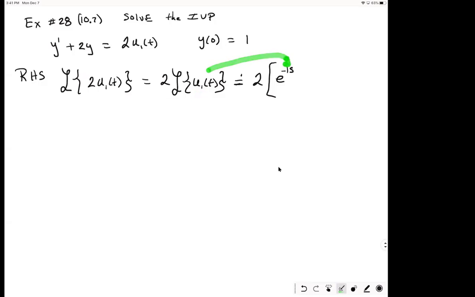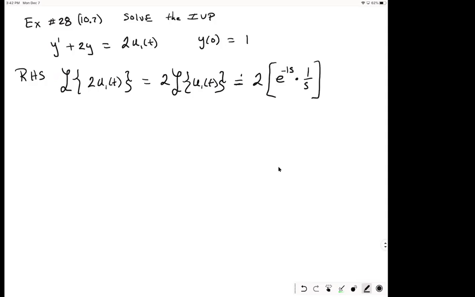It gets me to that minus s. And it's not written here, but it's implied that my f of t is equal to 1. So I need to multiply this by 1 over s, because the Laplace transform of 1 is 1 over s, and that is number 1 in your table.